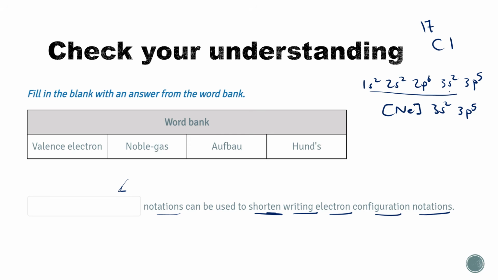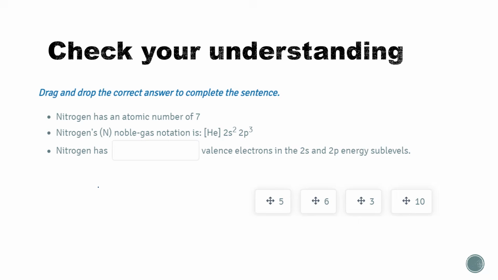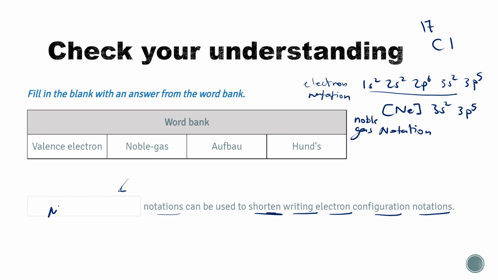So what did we use here? This is electron notation, and this is noble gas notation. So which one is shorter? Which one makes it short? So of course it will be noble gas notation, right?